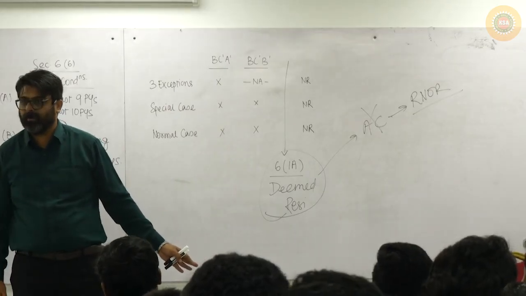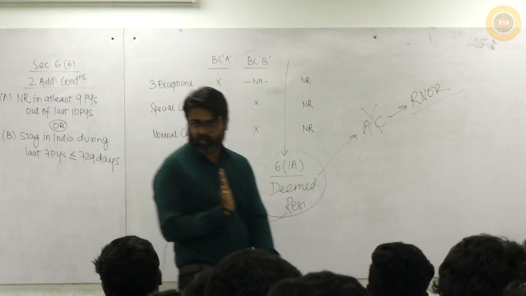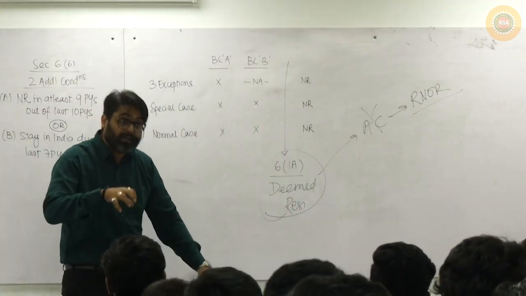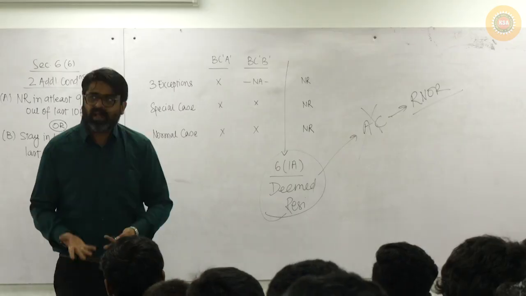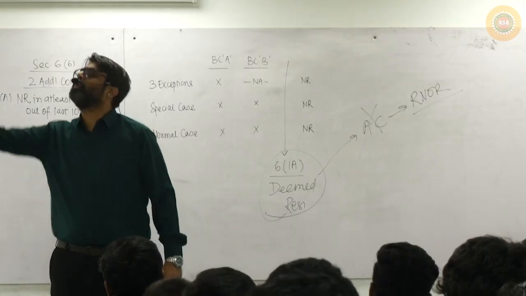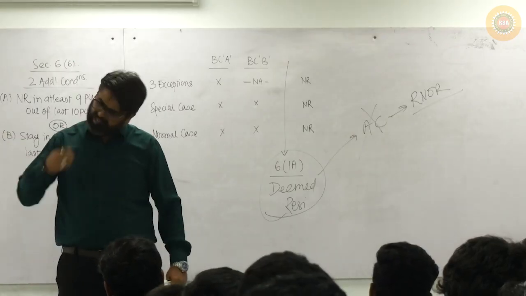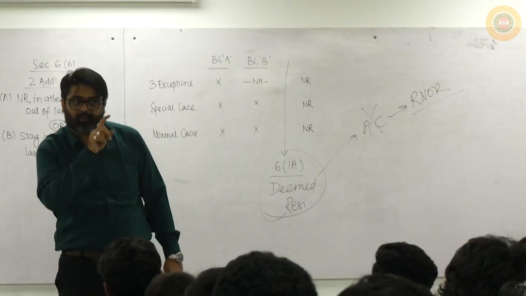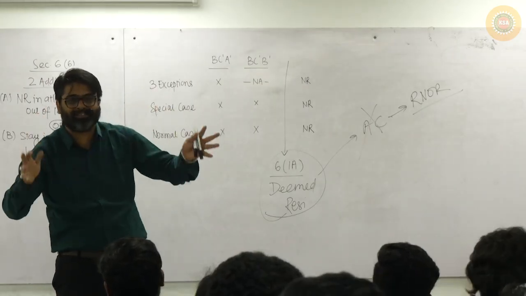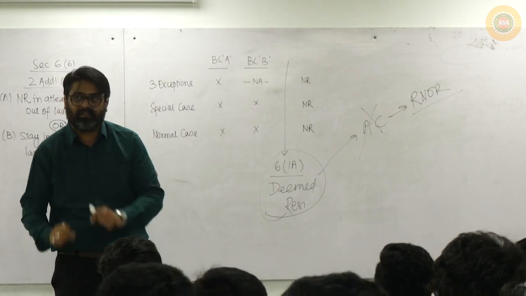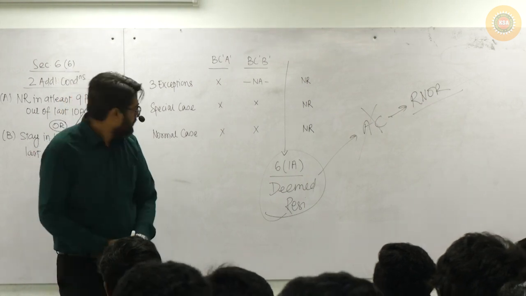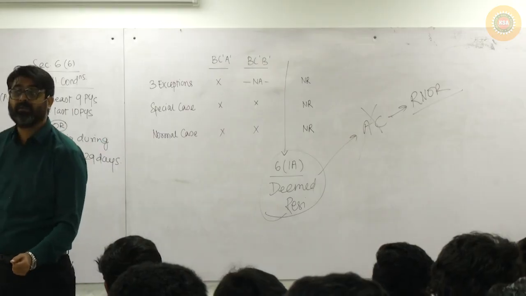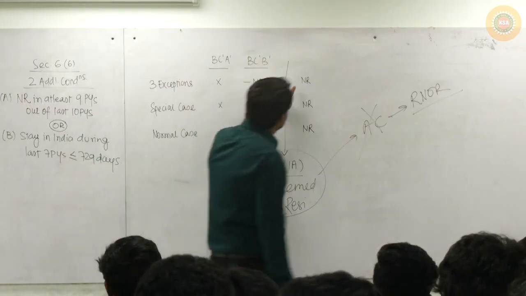So don't worry. We will not allow you to become a non-resident because we have already dragged you and made you a deemed resident. And once you become a deemed resident, there is no need to check additional conditions. You directly become RNOR. Now, if you become RNOR, a magic will happen. Just imagine, if 61A was not there, what were you supposed to become?